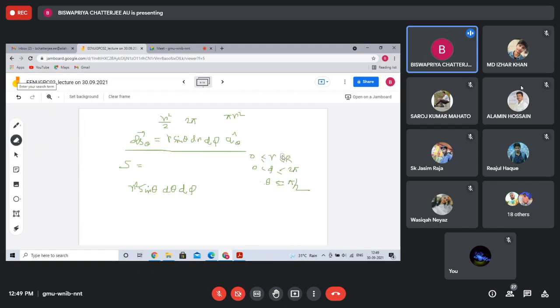You said r equal to capital R, so consider r equal to capital R. Phi is okay, and theta is 0 to pi. Please solve it and tell me what is the answer.